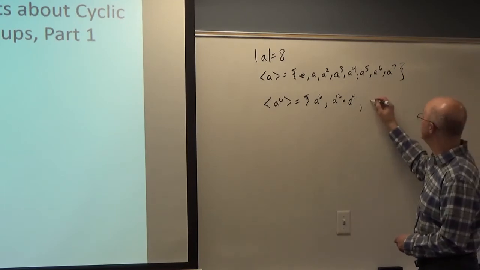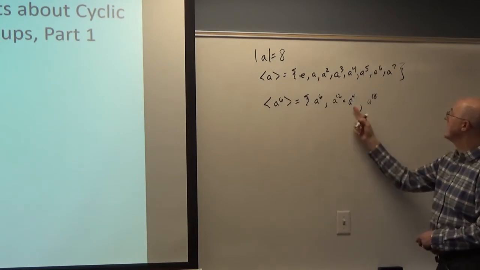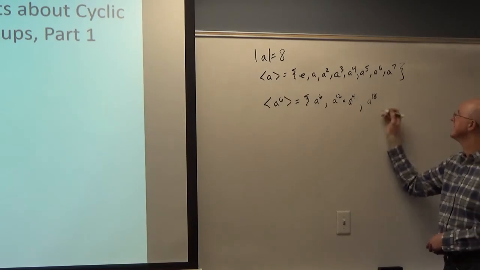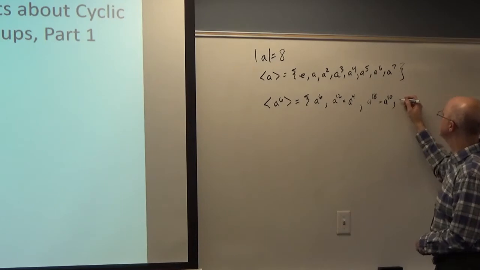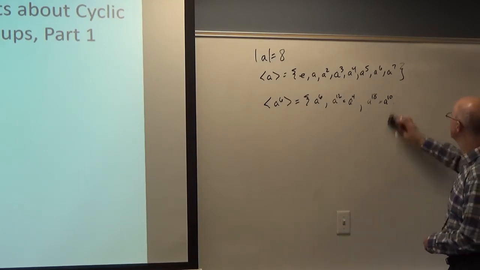A to the 6th cubed is a to the 18th, which, by the way, is also a to the 10th because it's a to the 6th squared, which is this, times a to the 6th. That's also the same as a to the 10th, which, again, continuing to mod by 8, is a squared.